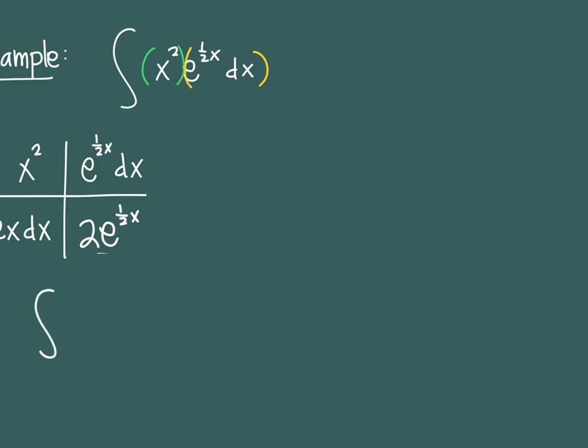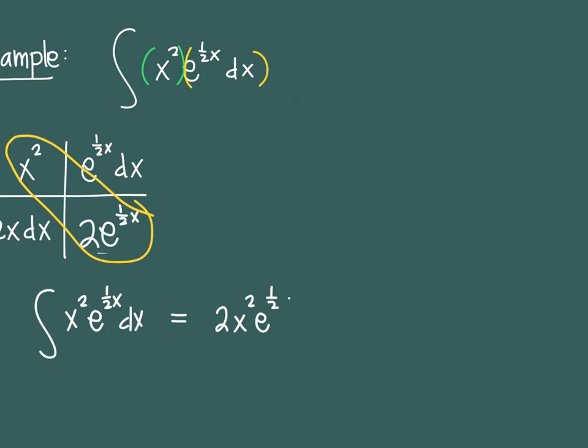So my original problem, x squared e to the half x dx, is now becoming the combination of u and v, which will be 2x squared e to the half x minus the combination. So I've got 2x dx multiplied by another 2 e to the half x.